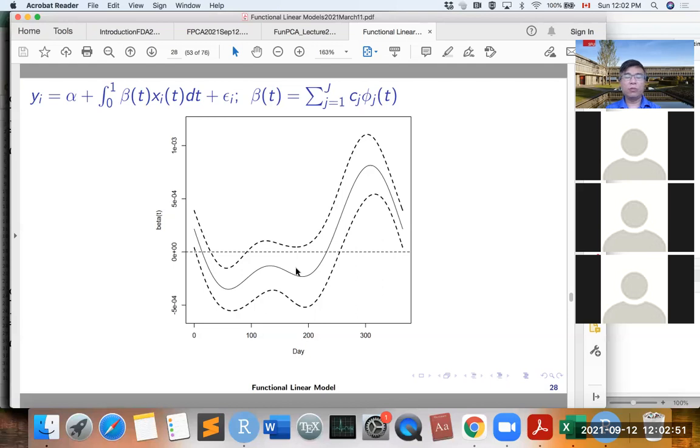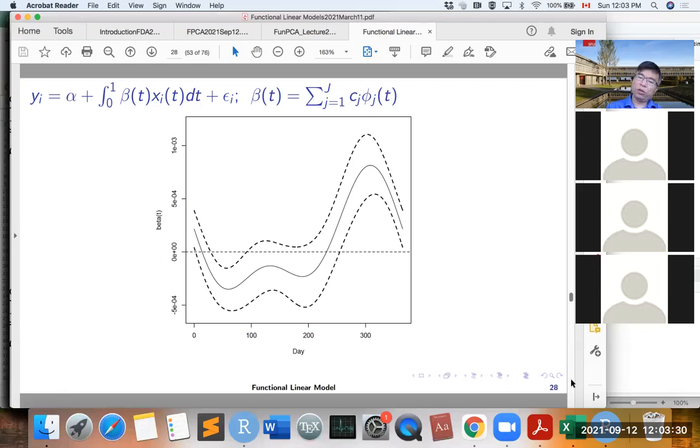This motivates us to think about whether we can estimate beta t such that it becomes strictly zero when x_i(t) has no effect on y, and only becomes non-zero when x_i(t) has a significant effect on y_i. In other words, we want beta t to be zero in some intervals.